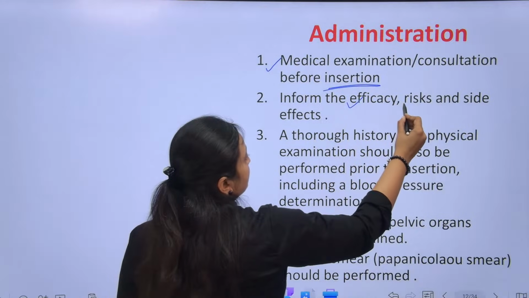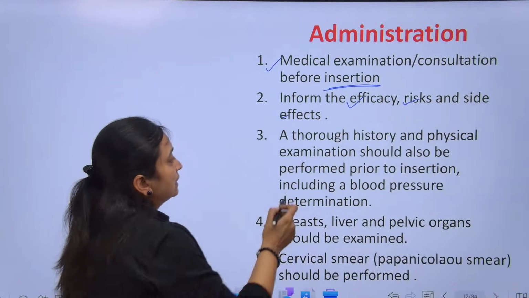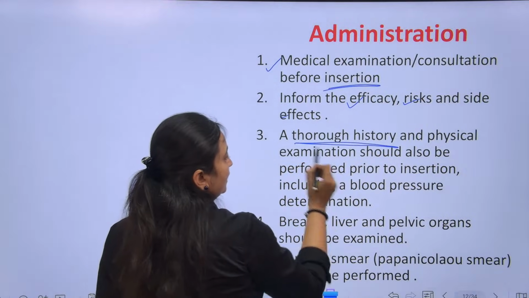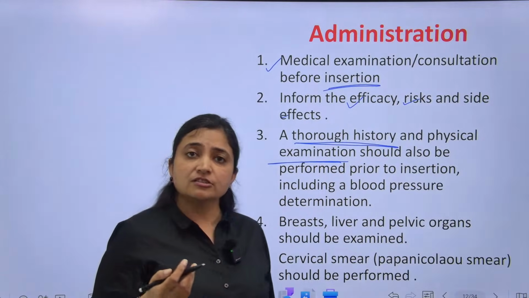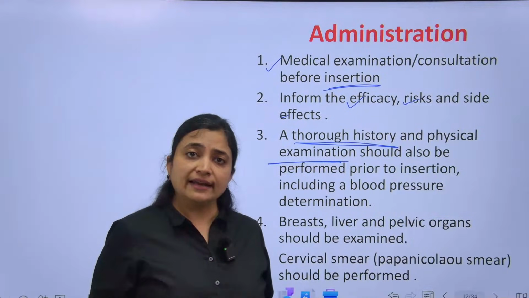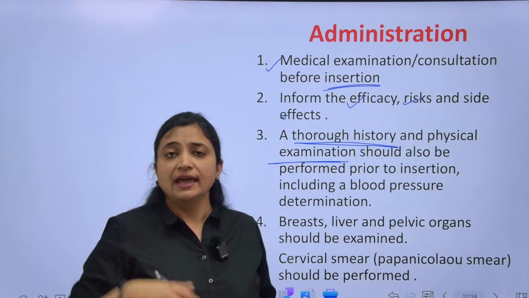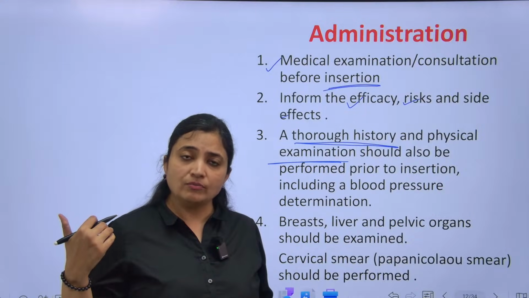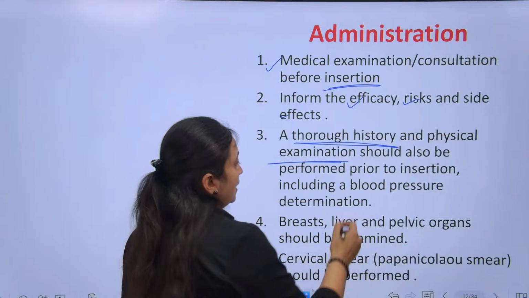Inform the efficacy, the risk, and the side effects, which we have already talked about. A thorough history of the patient and physical examination should be done, because there are many things which patient may not think that that is important, but that is important for us, like history of smoking, any history of vascular thromboembolism in the patient or in the family, like this.